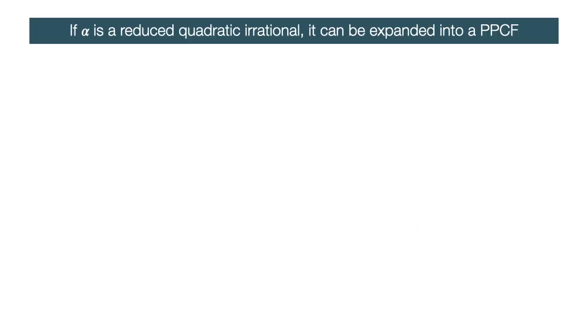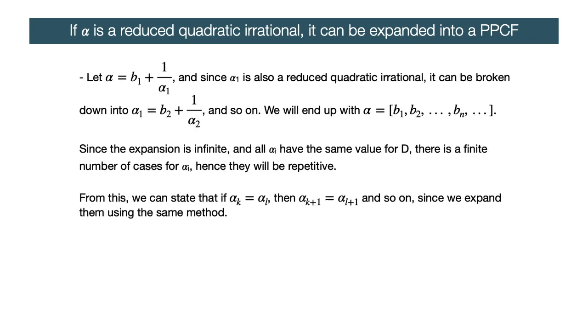Now we're going to prove that if alpha is a reduced quadratic irrational, it can be expanded into a purely periodic simple continued fraction. Let alpha be b1 plus 1 over alpha 1, and since alpha 1 is also a reduced quadratic irrational, it can be broken down into alpha 1 equals b2 plus 1 over alpha 2 and so on.